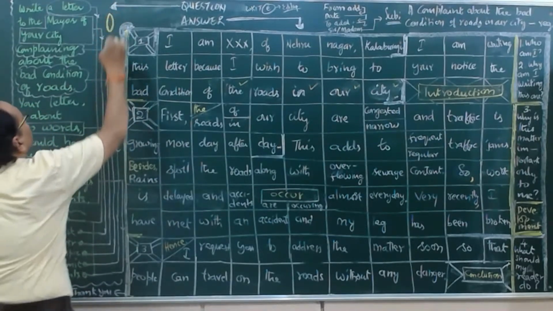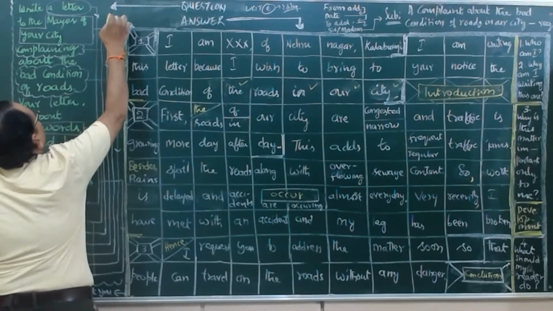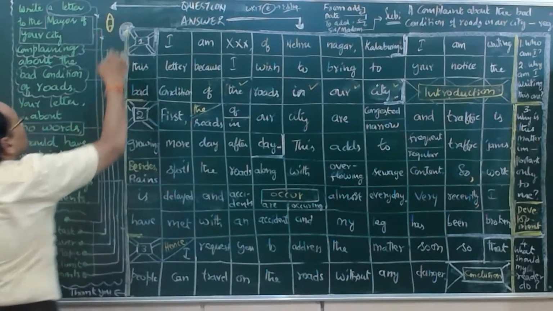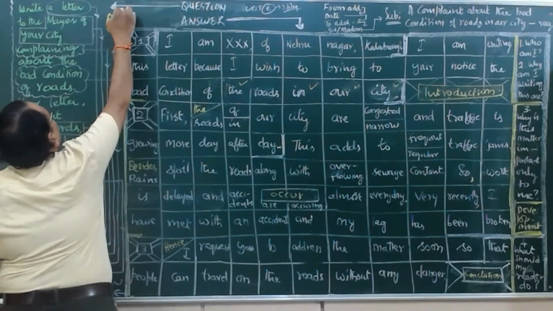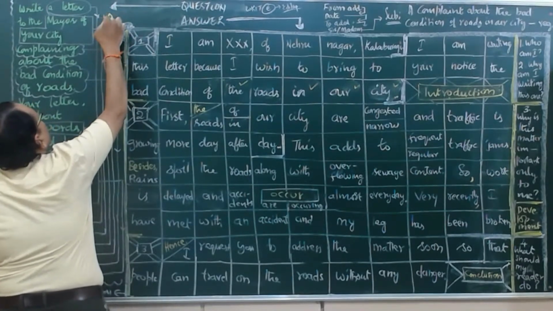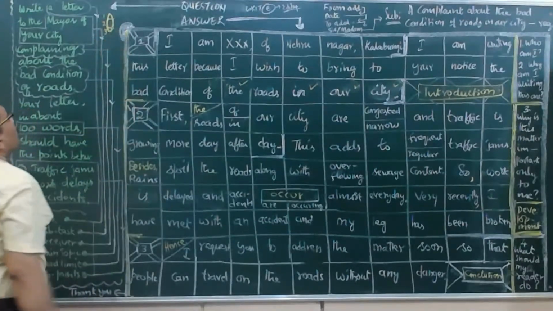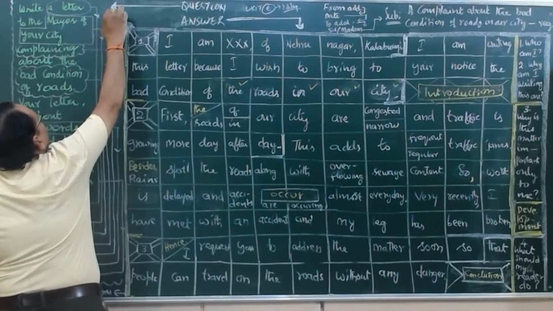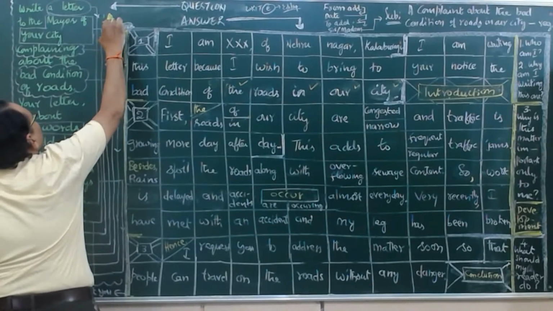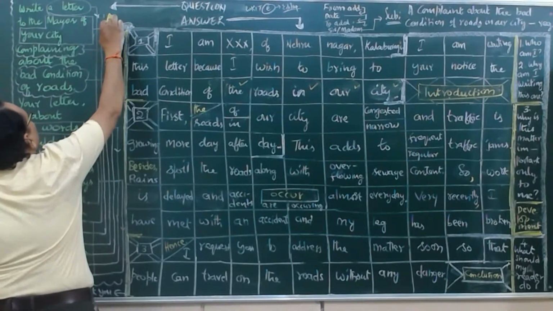Remember it that way. This is the introduction. This is the conclusion. The conclusion is even smaller than the introduction. So this is 1, this is 2, and this is 3. The first part is rather limited, and the third part is even smaller than the first part.